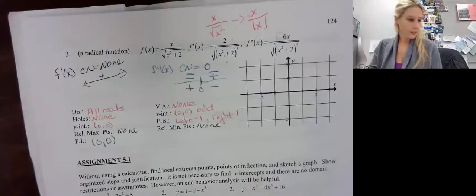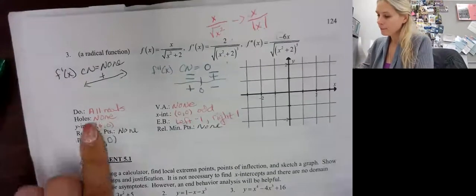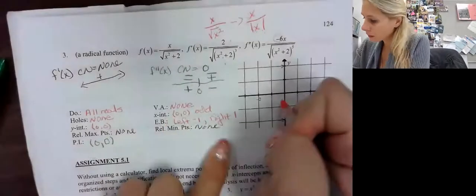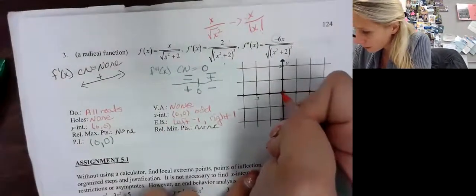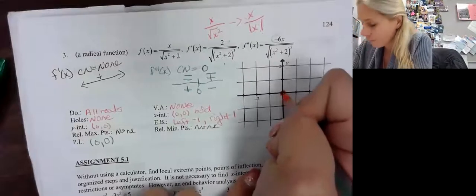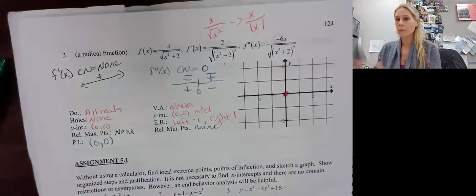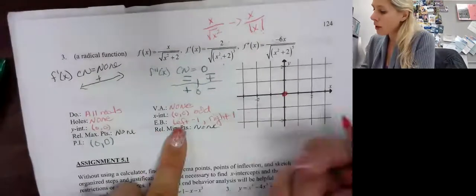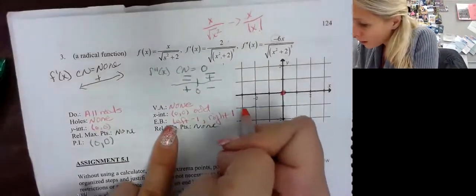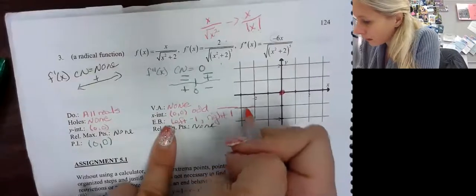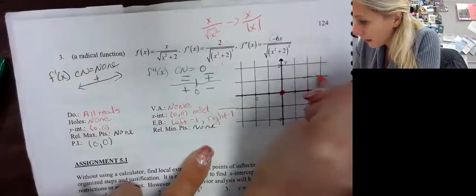Okay, let's graph it. Okay, do all my points first. So I have an x-intercept, y-intercept, and a point of inflection, which are the same. There are no vertical asymptotes, but there is an end behavior. So at the left, we have a -1, and I'm only going to do the end of it, not the middle, okay?